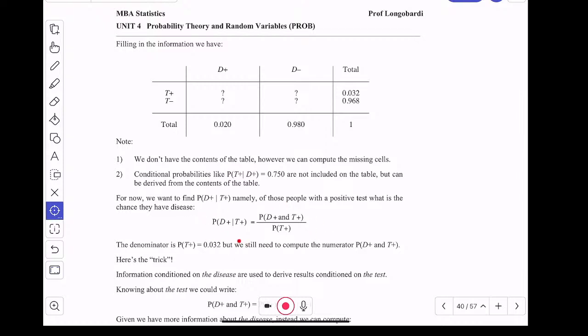And because of this, you can find out what's the chance of disease and testing positive. So you can find this one. Once you find this, you can find that. Once you find this, you can find that. So it's like a step, you can step through this and fill the table.